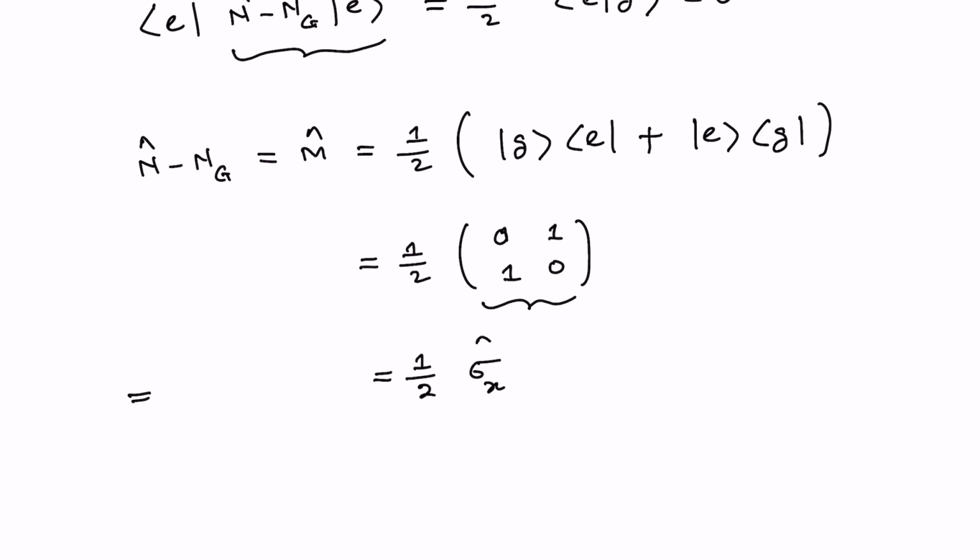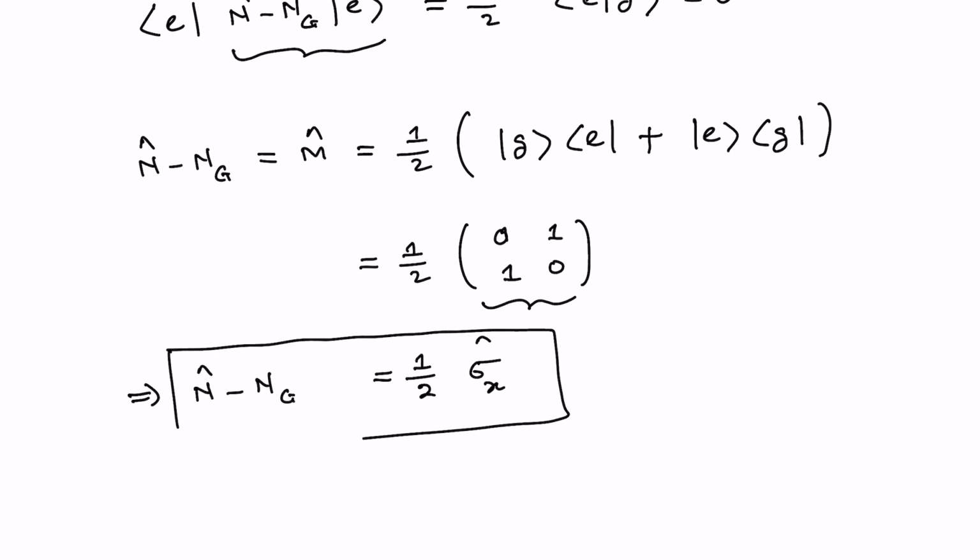Alright, so thereby through this explicit calculation we are able to show that n cap minus nz, when nz is equal to 1/2, gives you 1/2 sigma x.